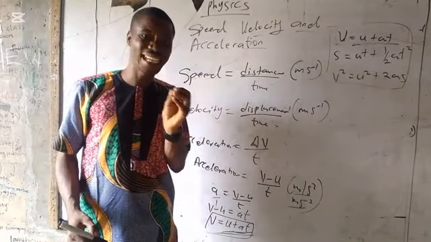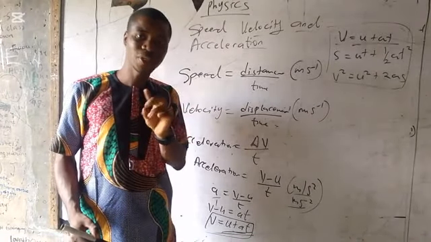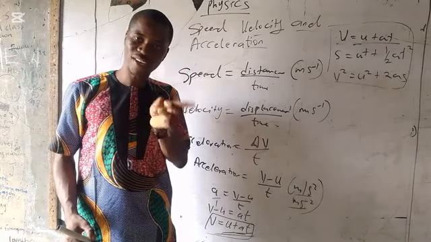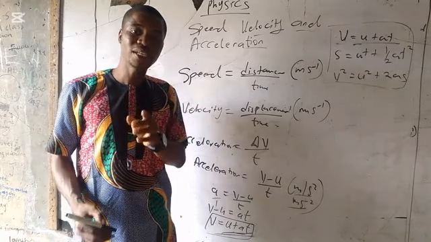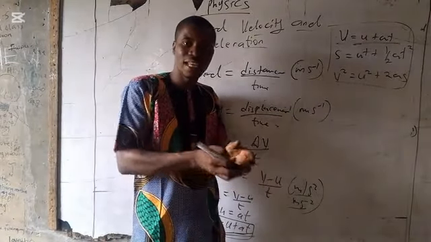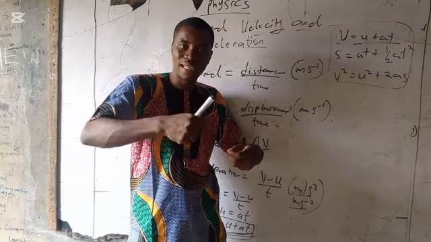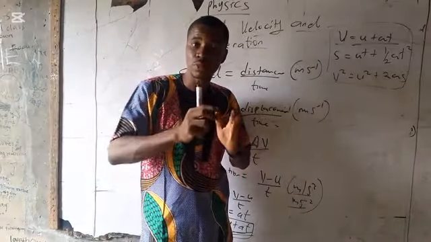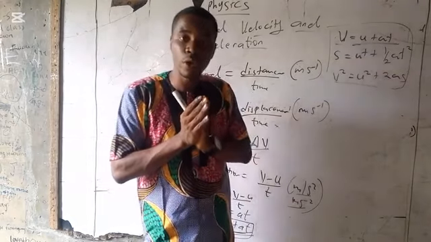If you have heard of deceleration, deceleration is the opposite of acceleration. If a body is decelerating, it means the body is coming to rest. Let's say a moving vehicle on a high speed applies the brake. After some time, the moving vehicle will come to rest.